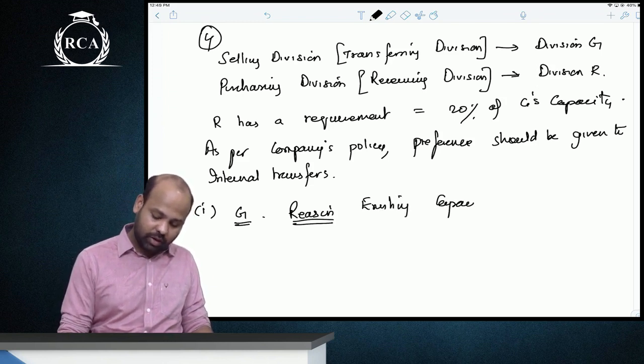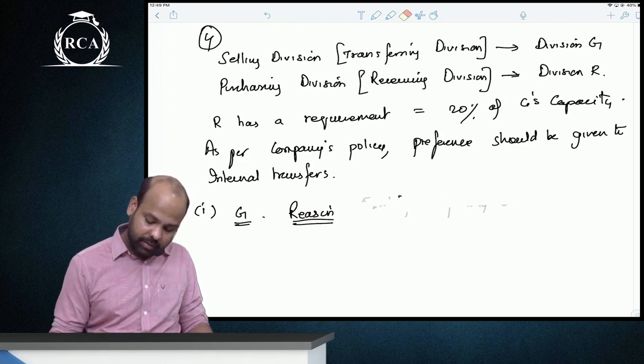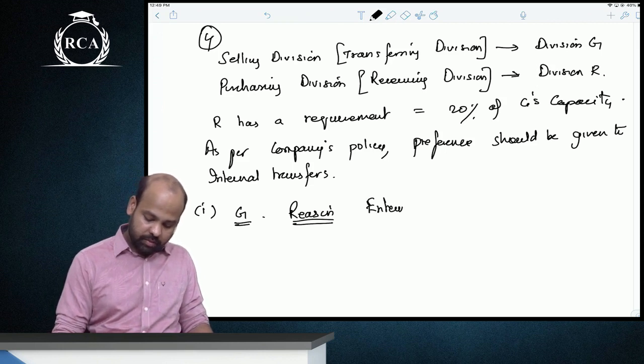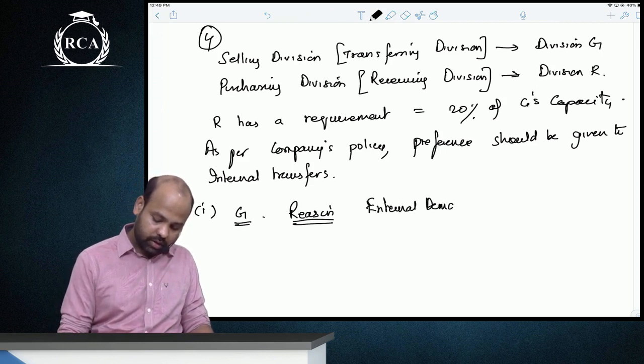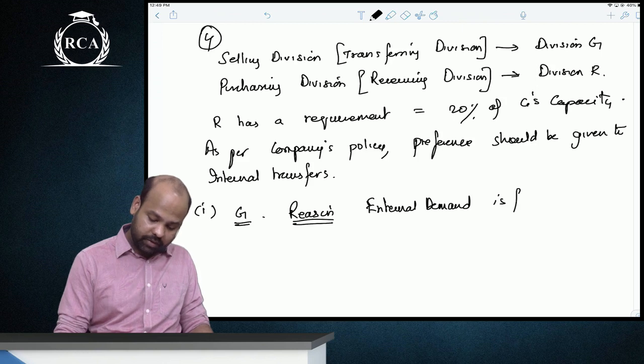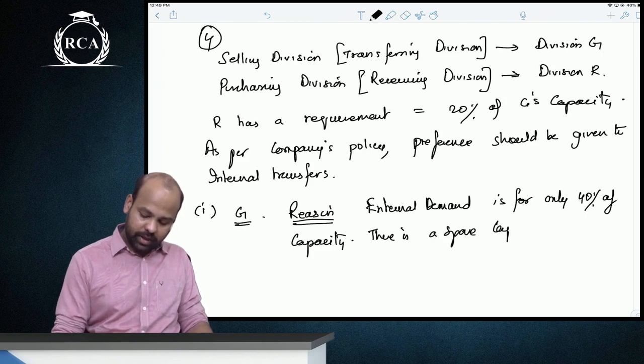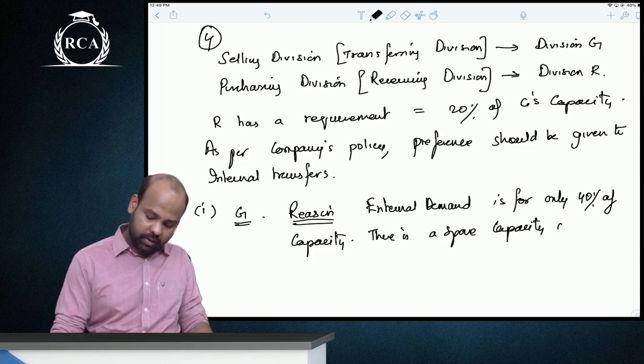Everyone write together, beta: existing capacity utilization, and external demand is for only 40% of capacity. So there is a spare capacity of 60%.